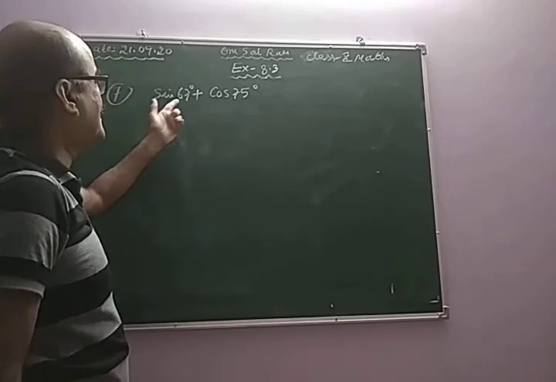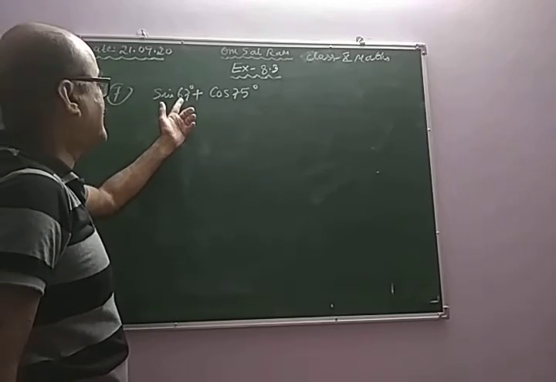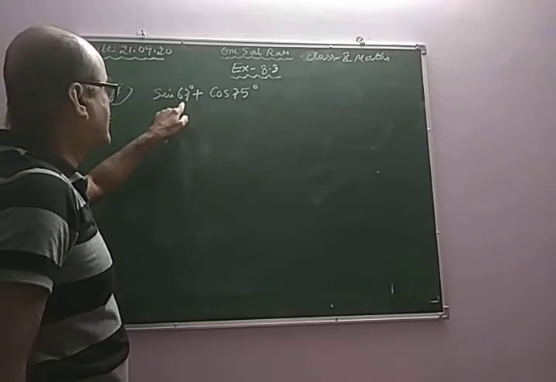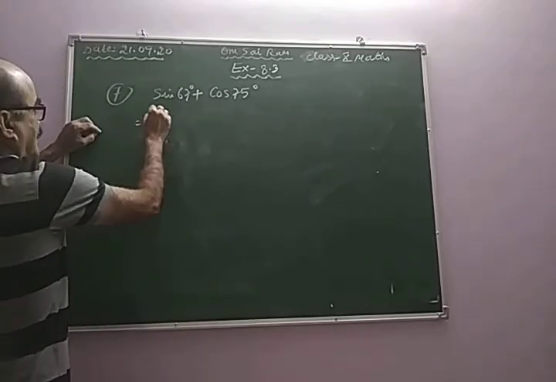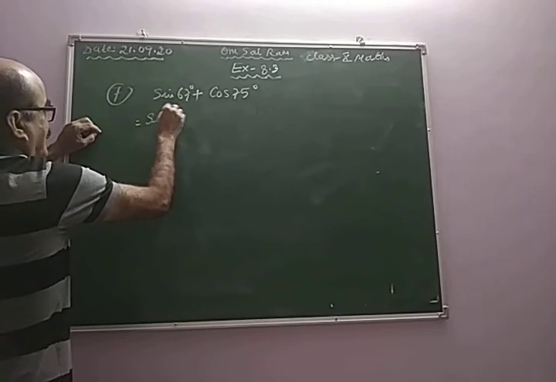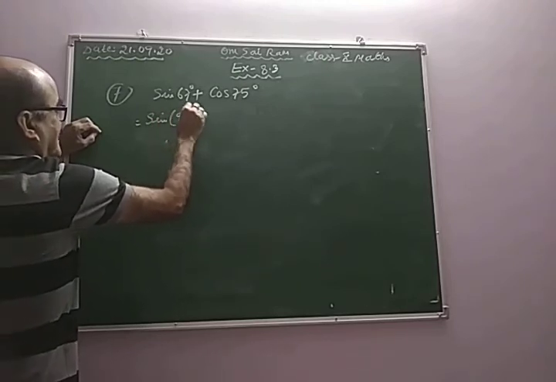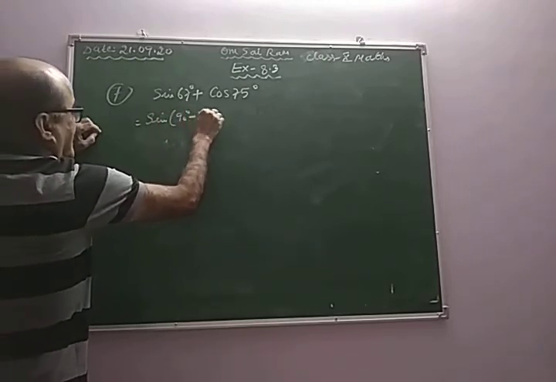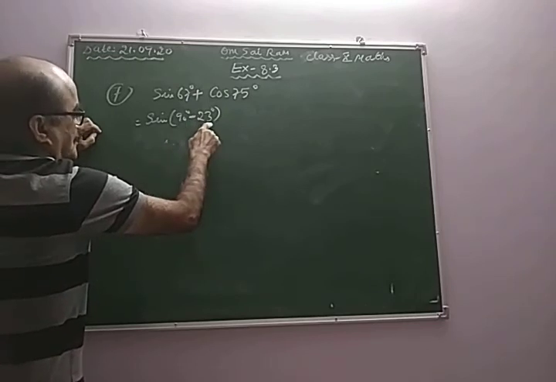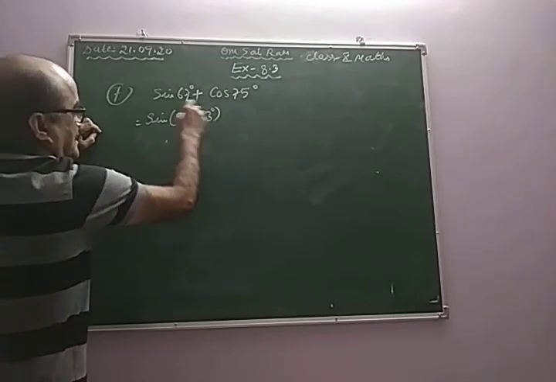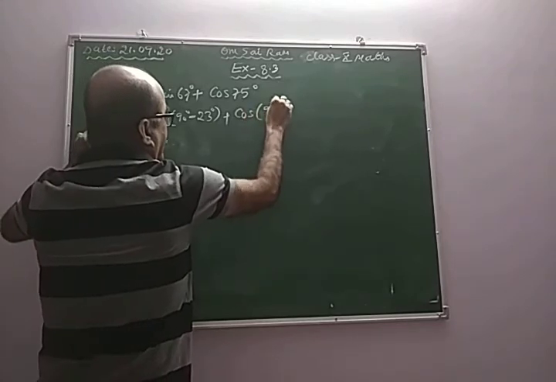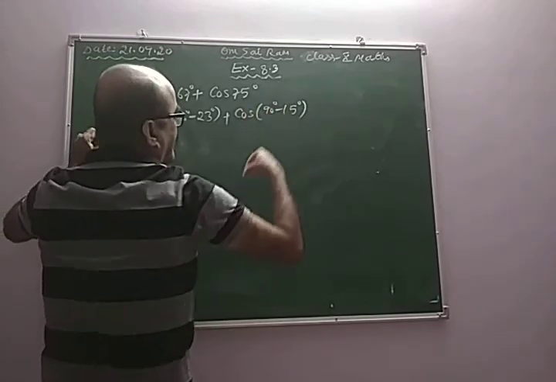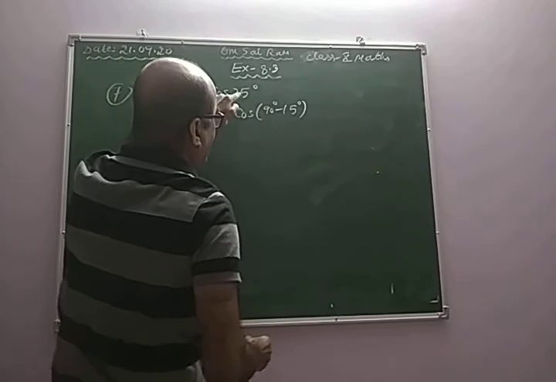So it is clear you will take the complement of this and the complement of this. It is very simple. The complement of sine 67 will be sine of (90 minus 23), since 90 minus 67 is 23. And this can be written as cos of (90 degrees minus 15 degrees), so 90 minus 15 is 75.